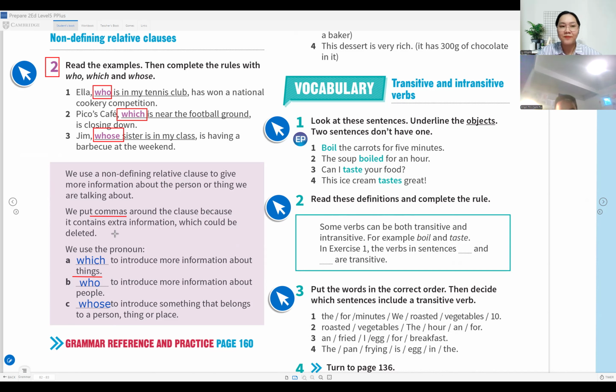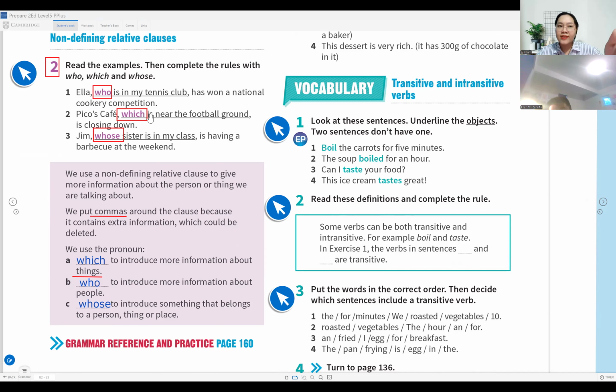For example, we can say Ella has won a national cookery competition. It makes sense, right? So who is in my tennis club here? The clause here is unnecessary information. Right, the differences between them.